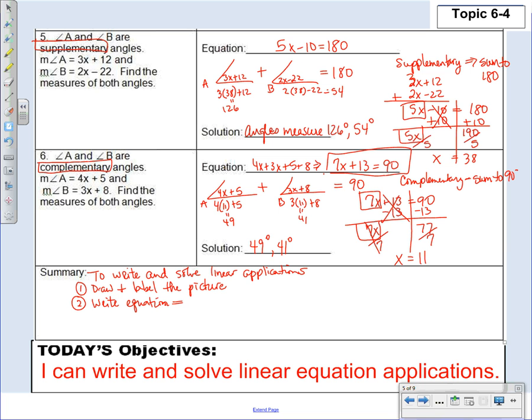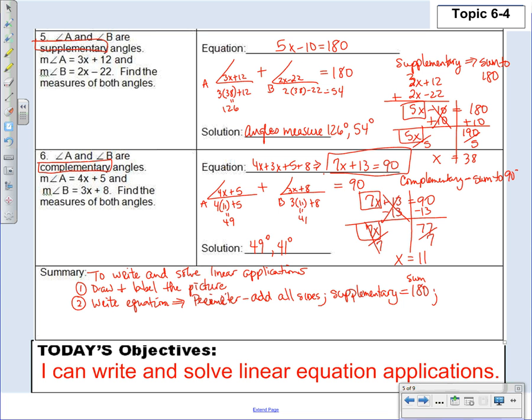Okay, a couple things I want to add on there. Perimeter. I can't spell, but perimeter means add all sides. We also had supplementary. Means they sum up to 180. I'm just going to say equal to 180. Well, we'll put sum.